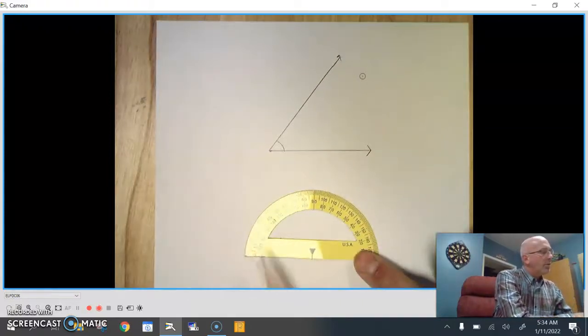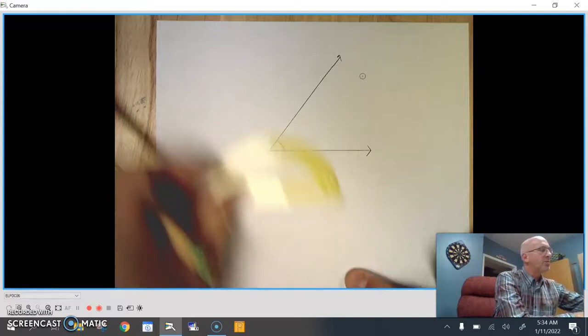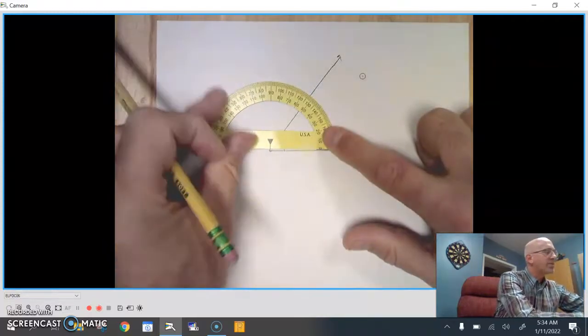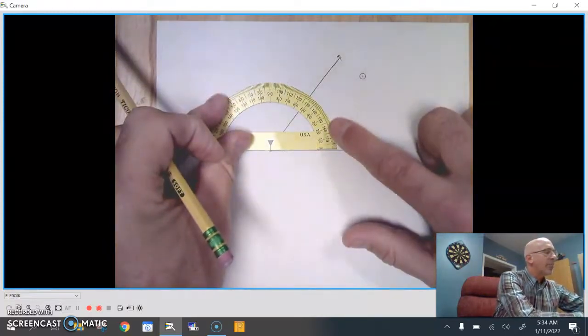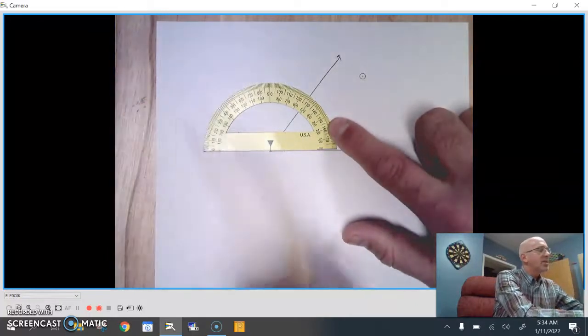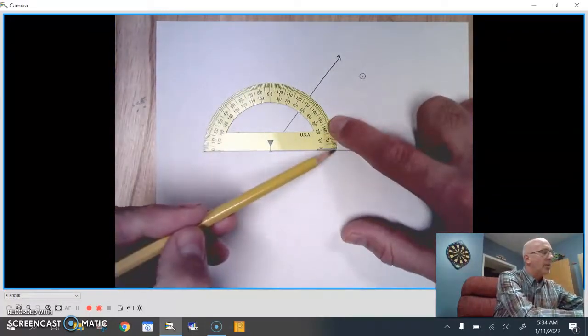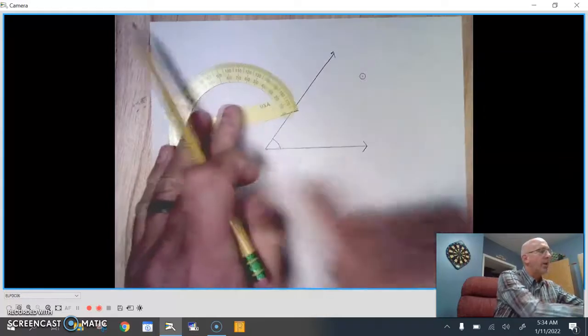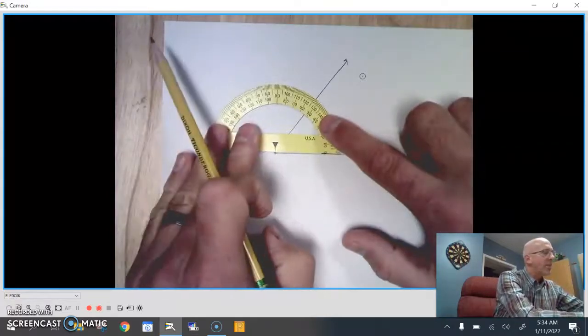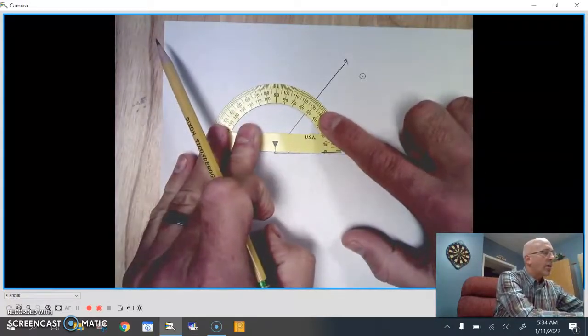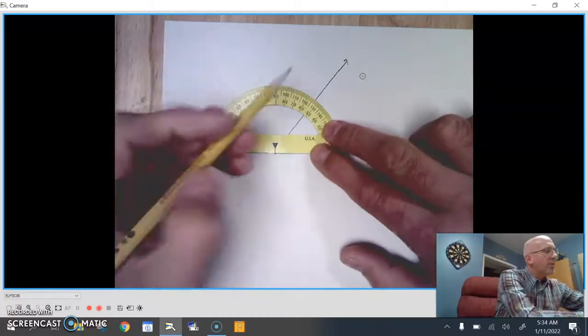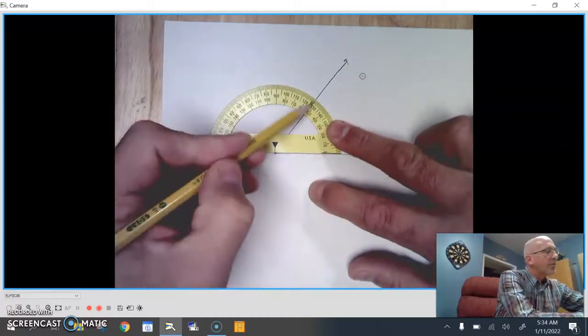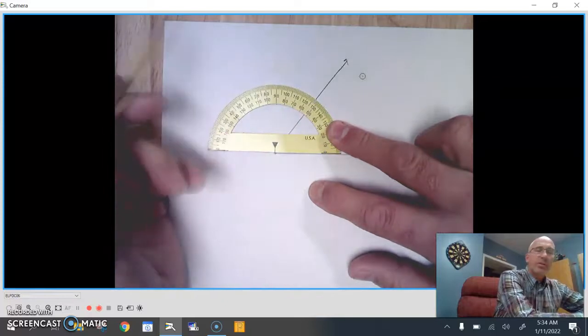Now we can see here that the center of this protractor, what we do is we put that right at the vertex. Okay, we put that at the vertex. And then we line up the edge along one of the rays, and then where it crosses over the protractor, that is how many degrees it is.